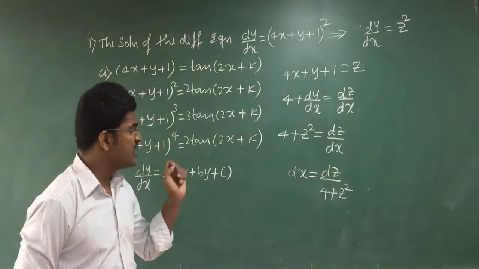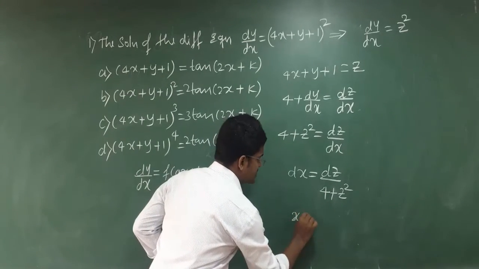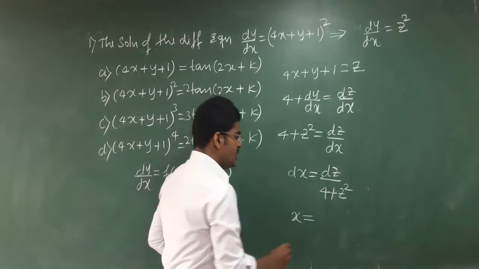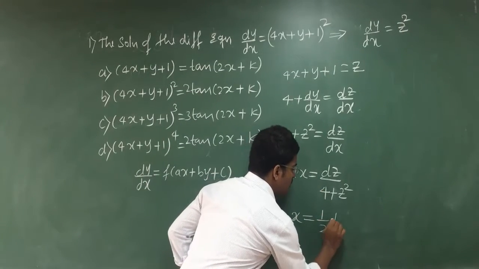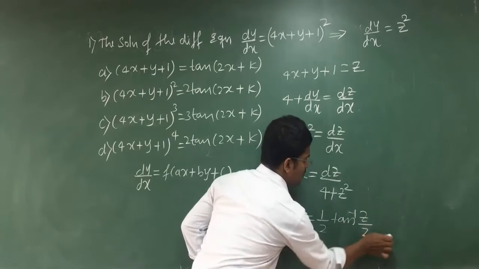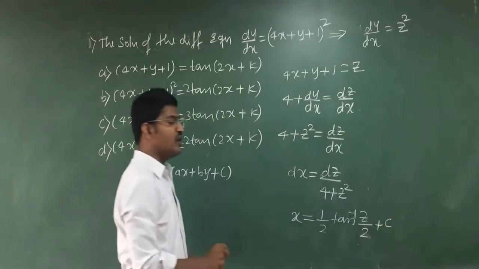If you integrate on both sides, integration of this term will be x equal to 1 by 2 tan inverse of z by 2 plus c. Clear?